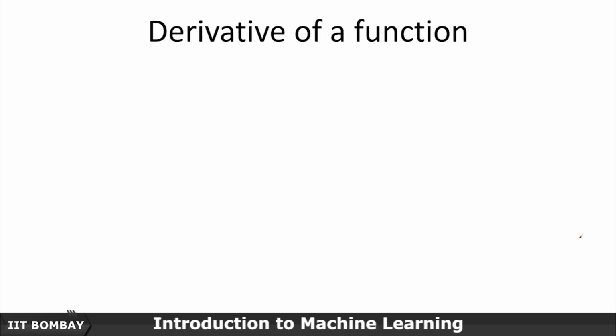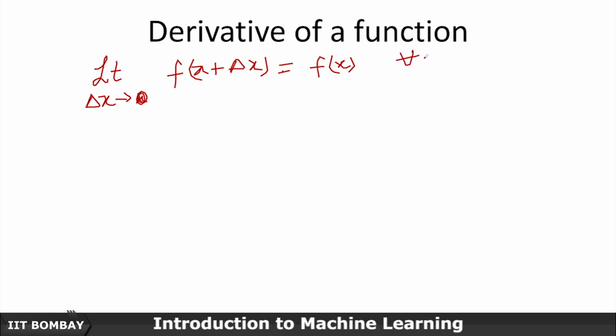Simply put, if we have the limit of delta x tending to 0 of f of x plus delta x is equal to f of x, and this condition is satisfied for all x, then it is a continuous function.